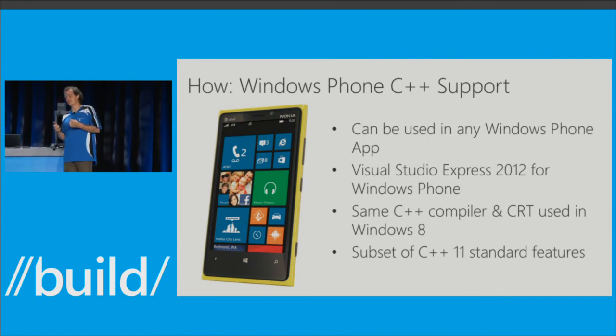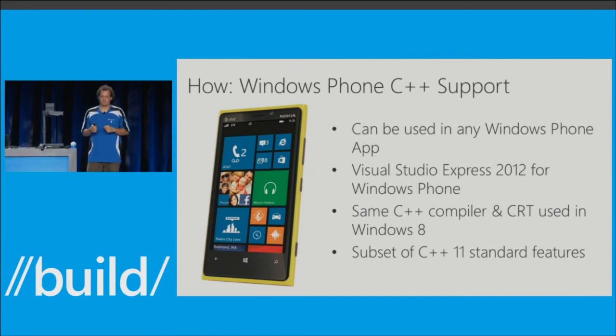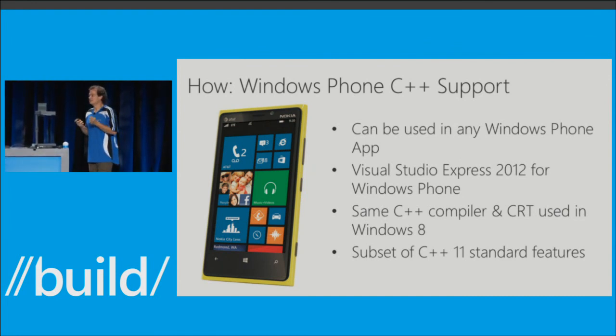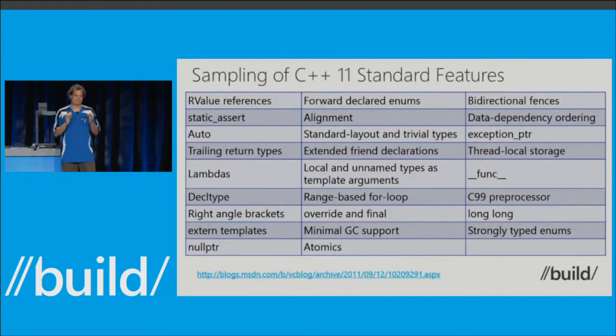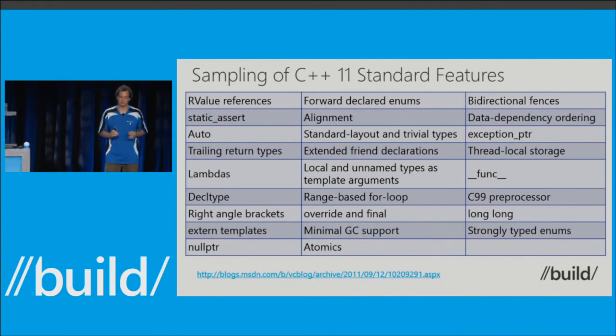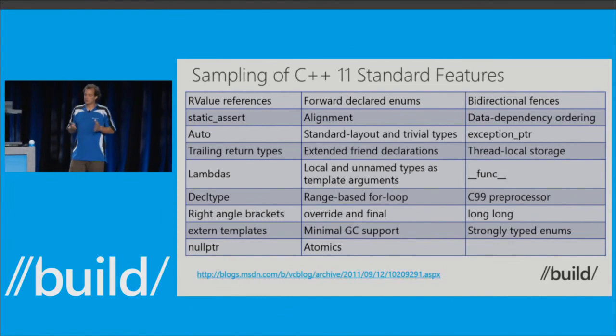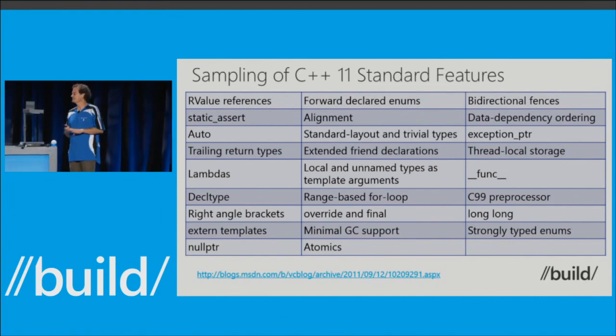This makes it very easy to take your C++ code written for Windows Phone and bring it to Windows, and obviously vice versa. Last, we support a subset of the C++11 standard. This next slide shows a sampling of C++11 features offered on Windows Phone. They range through lambdas, nullptr, the long long type, etc.